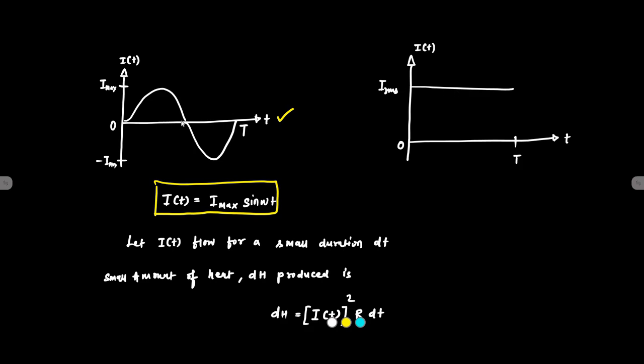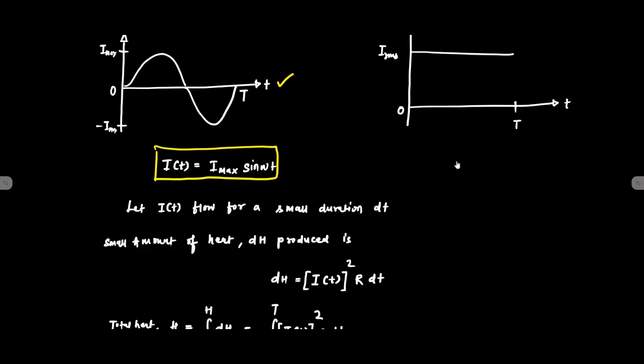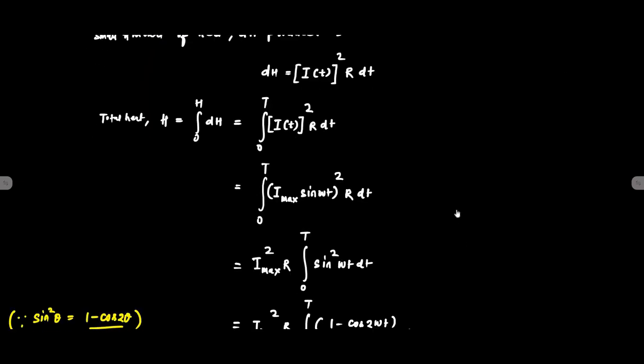We are trying to represent this AC signal in terms of some DC value. By definition, if we apply I RMS for this T second duration, it will also produce the same amount of heat. That is the definition of RMS value. So here we just equated the two values.